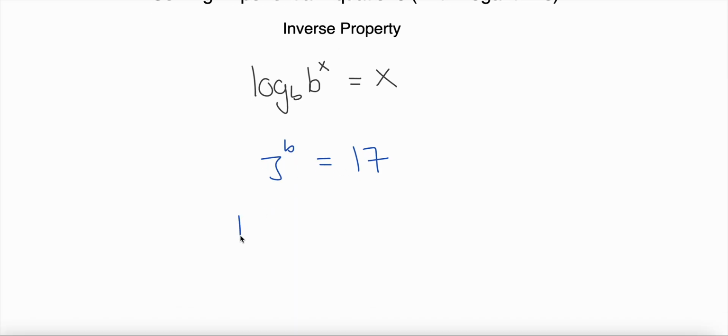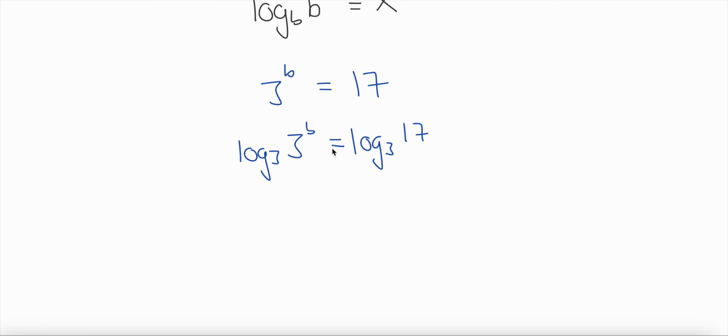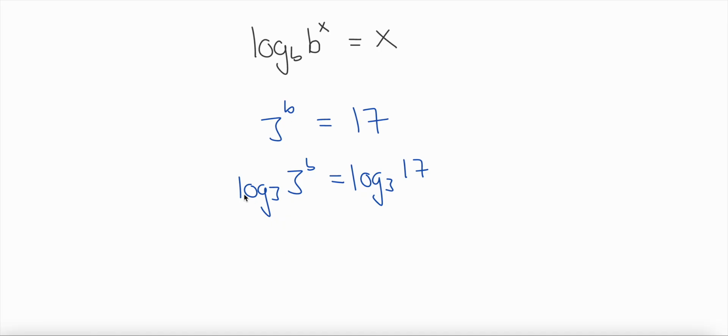And so that's going to be log base 3 of 3 to the b equals log base 3 of 17. And now that undoes that. So this on the left side is just going to equal b. And that's going to be b equals log base 3 of 17.